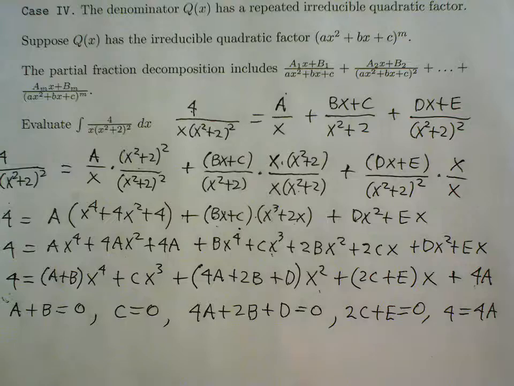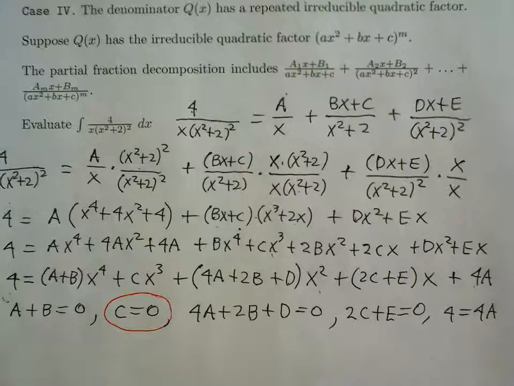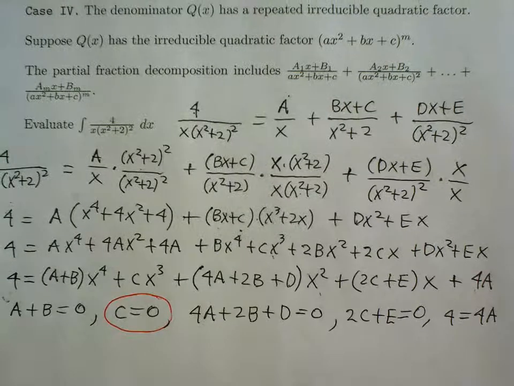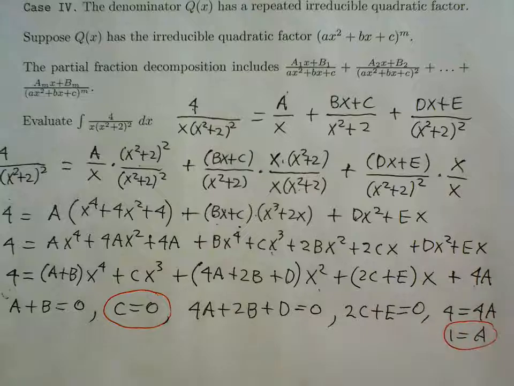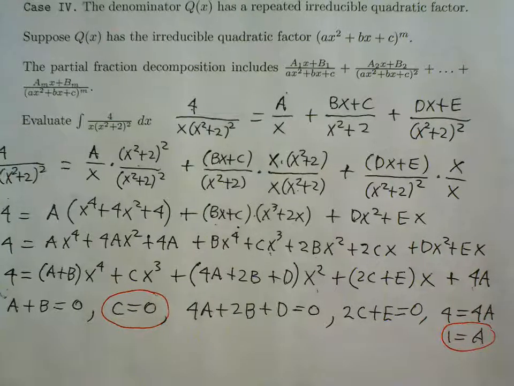Okay, so we know that c is 0. What else do we know? Yeah, a equals 1. 4 equals 4 times a, so a is equal to 1. So somebody online type in something else that we can deduce from what we've done so far.